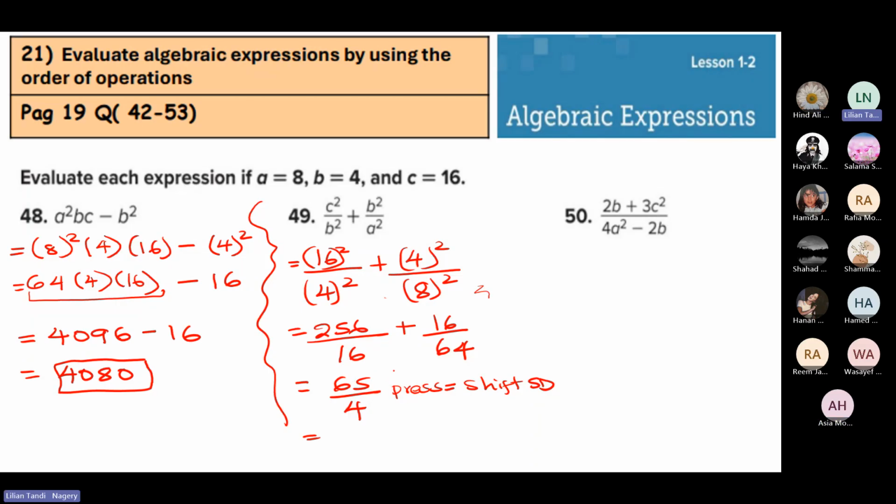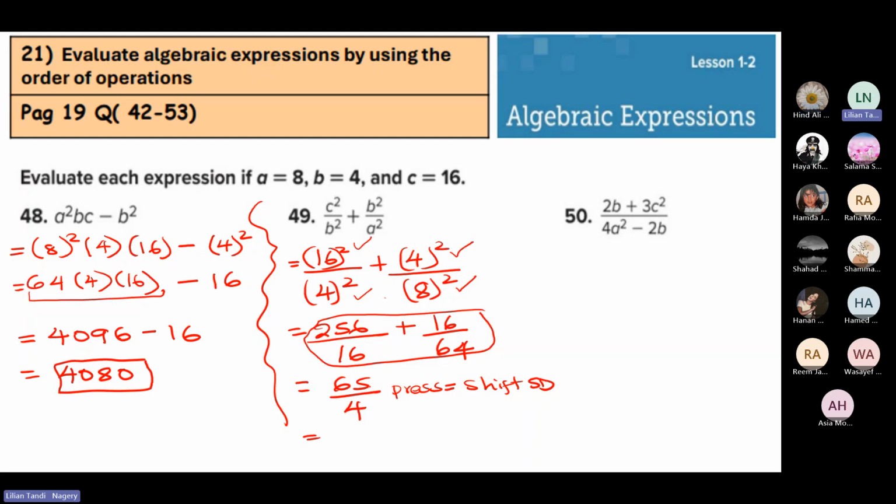Yes, you have to show your steps because you'll get marks for changing this, for changing that. No, in the calculator, you have to do each number by itself. Then yes, in the calculator, you put all this like this. When you put this in the calculator like this, it should give you 65 over 4. Yes.